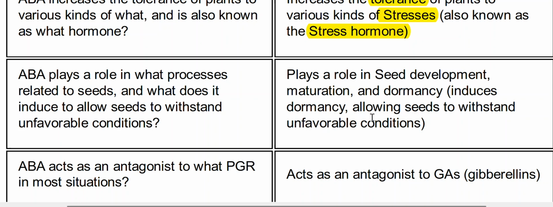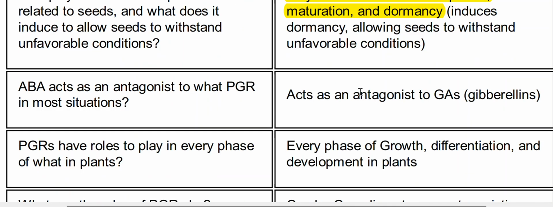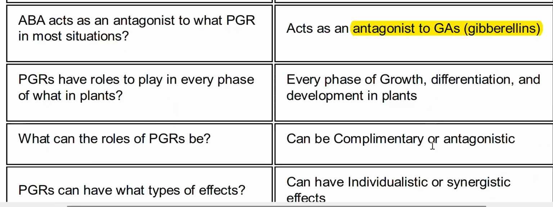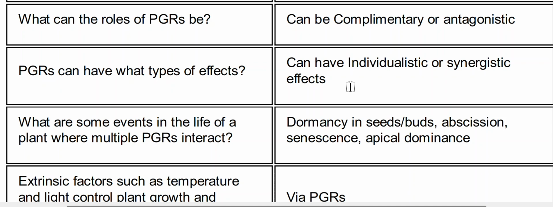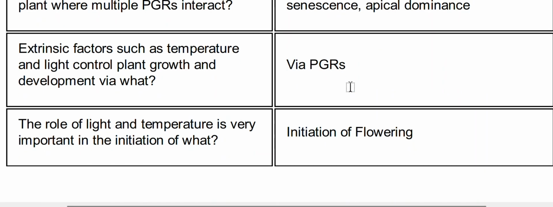It plays a role in seed development, maturation and dormancy. It acts as an antagonist to gibberellic acid. The role of light and temperature is very important for the initiation of flowering.